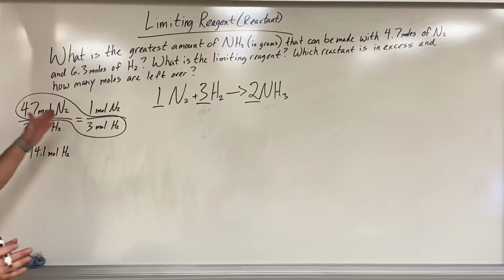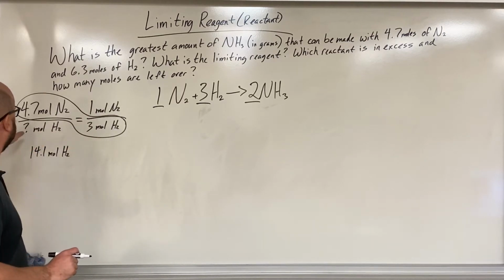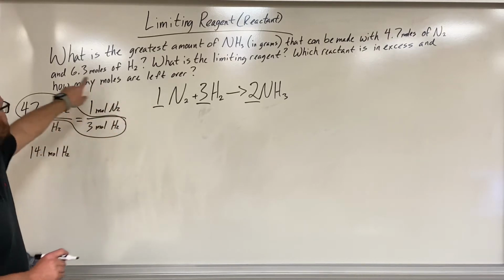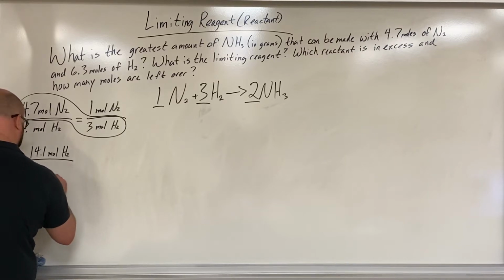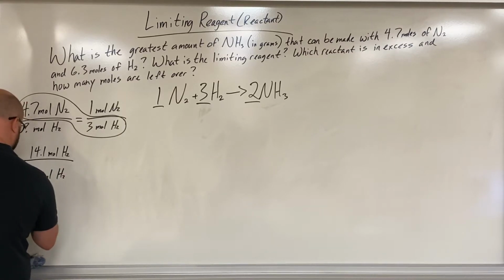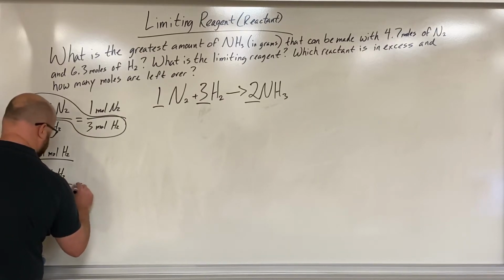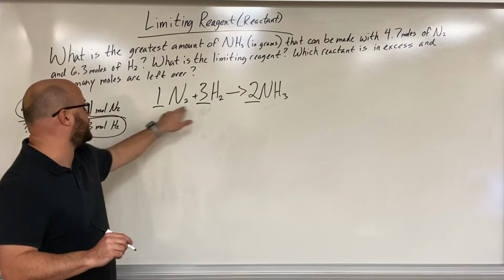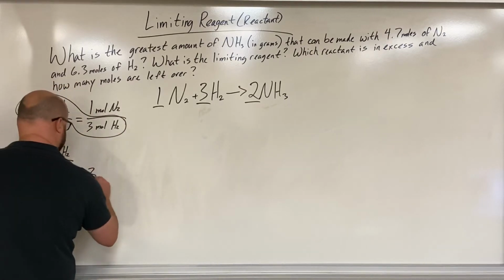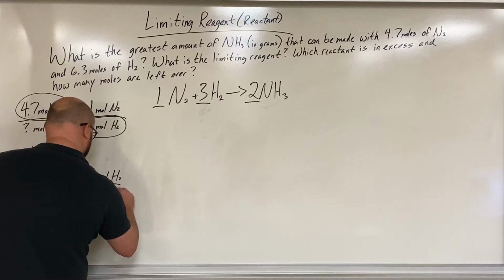Okay, some of you may be looking at this and realizing what's going on, but just in case, let's do both sides. So 4.7 moles of N2 as compared to 6.3 moles of H2 over question mark moles of N2. This time we're just going to flip those. The hydrogen-nitrogen ratio is 3 to 1. So 3 moles hydrogen for every 1 mole nitrogen.